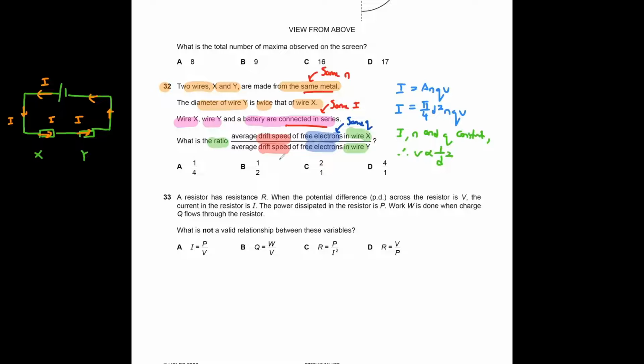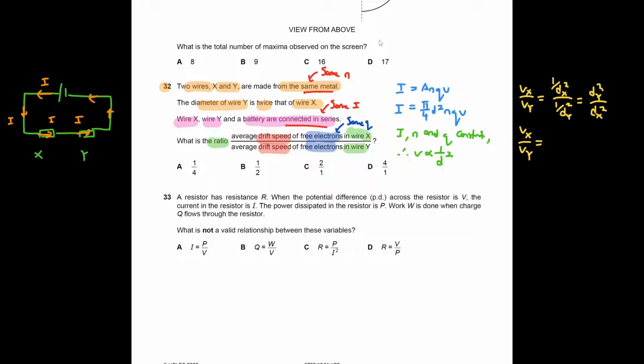So now, if I want to find out the ratio of drift speed of X to Y, you can now say something like this. Vx to Vy is actually the same as 1 over dx squared over 1 over dy squared, giving you dy squared over dx squared. So Vx to Vy is now dy squared to dx squared.